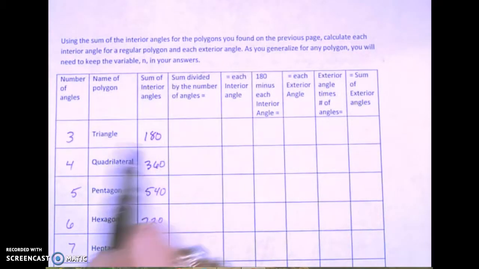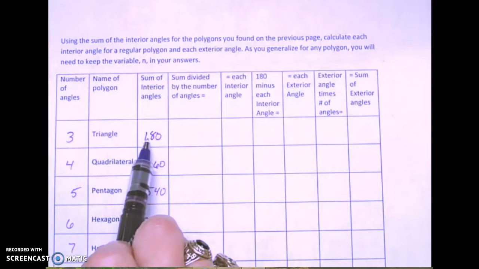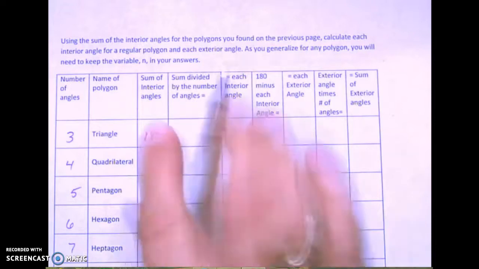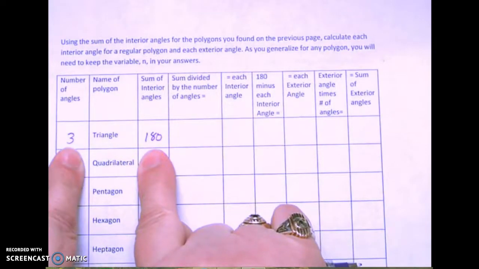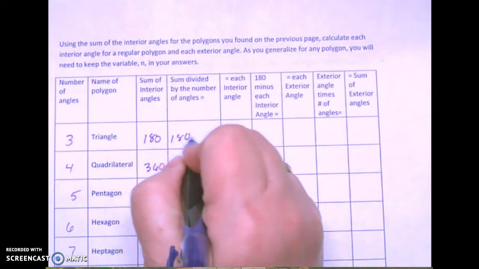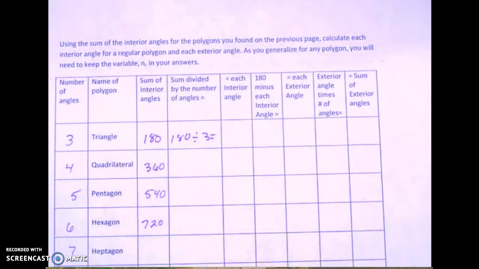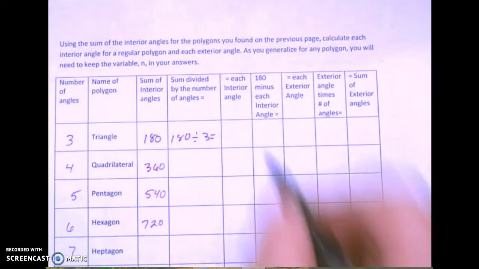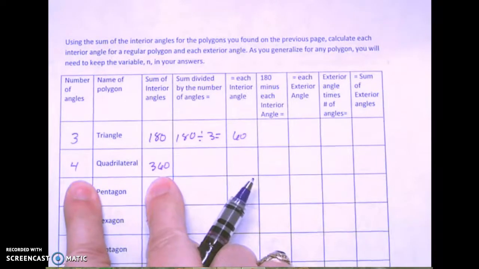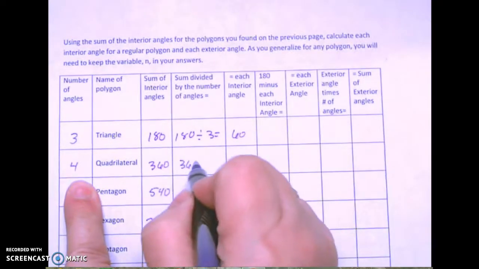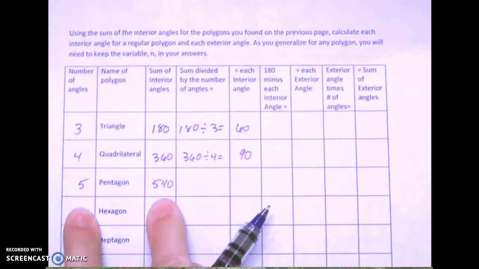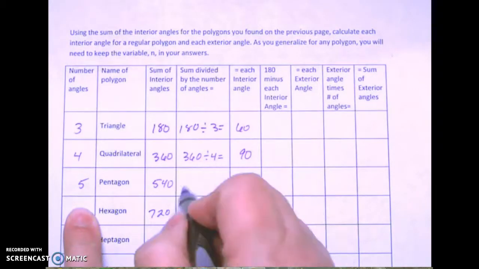So if I have a triangle with 180 degrees for my total, I'm going to take that sum divided by the number of angles. So I'm looking at these 2 columns. I'm going to take 180 divided by 3 to get an answer. That would give me 60. I want 360 divided by 4 to get an answer. I want 540 divided by 5.